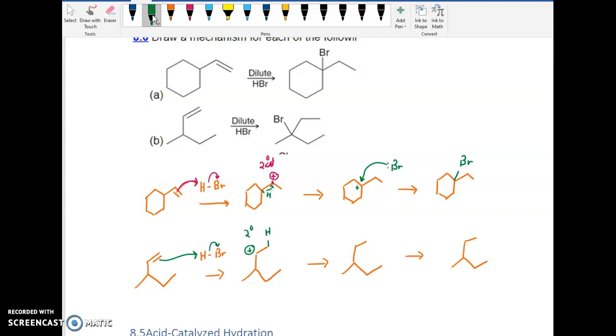Secondary carbocations are not as favorable, so a hydrogen that's down here is going to migrate up here, and we'll end up with a carbocation that's tertiary and much more stable. That will be attacked by the bromine, and we'll end up with the bromine attached to that position.